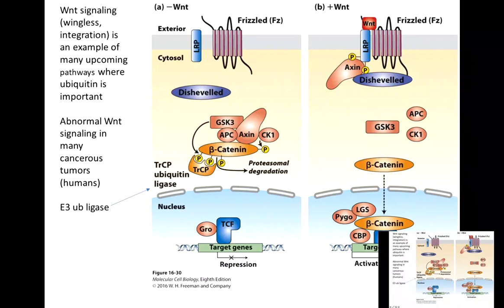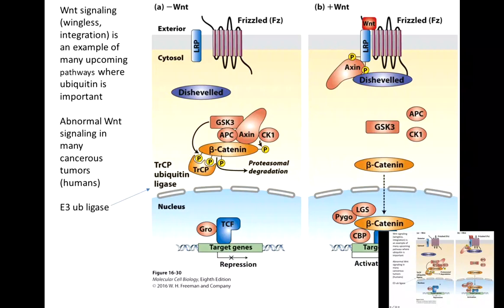When beta-catenin is phosphorylated, it can bind to TRCP, and TRCP is a ubiquitin ligase. Remember, we talked about E1, E2, E3. E3 is the ubiquitin ligase, and TRCP is a type of E3. So this thing gets phosphorylated, E3 binds to it, E3 does its thing, adds a whole ton of ubiquitins to it, it becomes polyubiquitinated, and beta-catenin gets degraded, never gets to go to the nucleus.